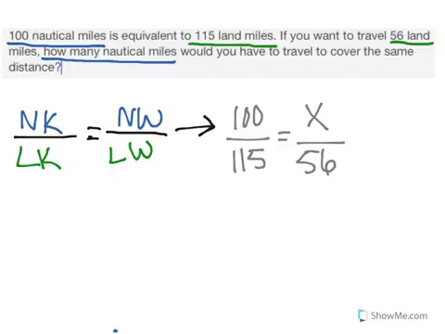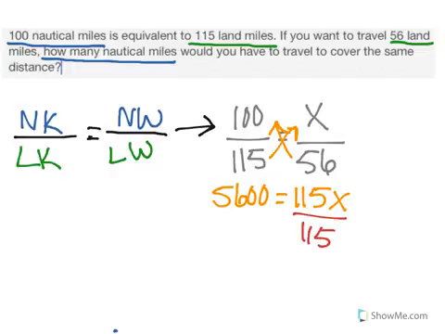So now we're just going to solve this like we would any other proportion. You go ahead and you cross multiply. So 56 times 100 is 5,600, and 115 times x is 115x. And we need to solve for x here, so we're going to divide both sides by 115.